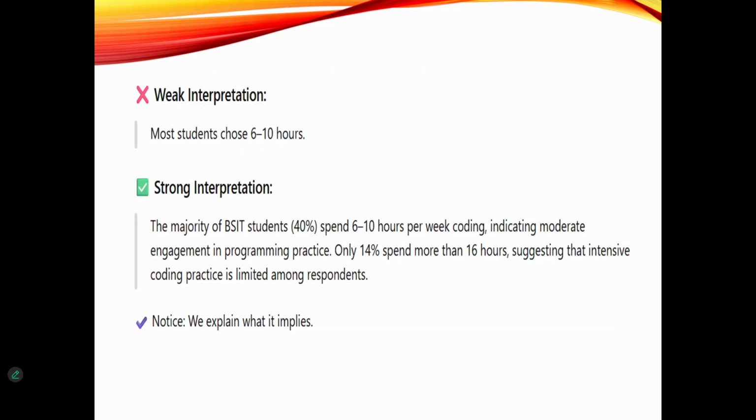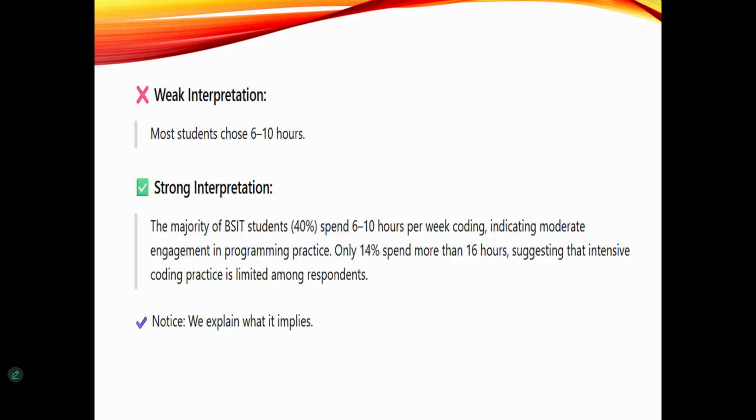So, for example, this is a weak interpretation: you just put "most students choose 6 to 10 hours." That's not correct. Here is an example of a strong interpretation: "The majority of BSIT students, 40%, spend 6 to 10 hours per week coding, indicating moderate engagement in programming practice.